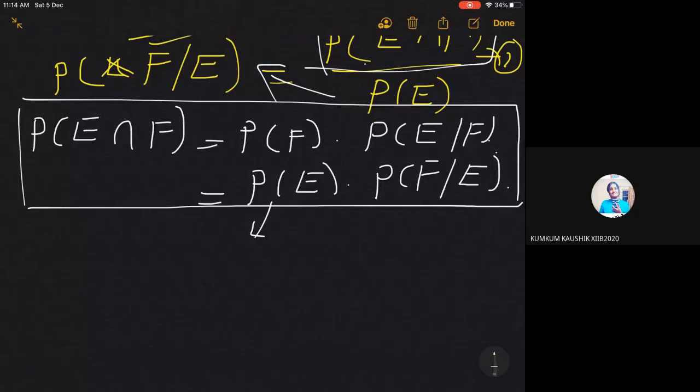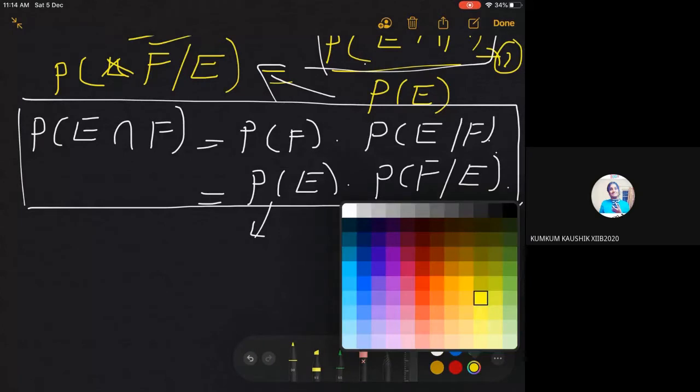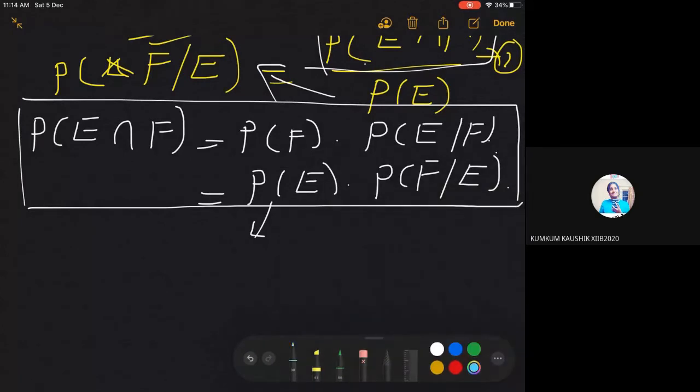As I have mentioned just now, the conditional probability can be practically found if the condition happens first.